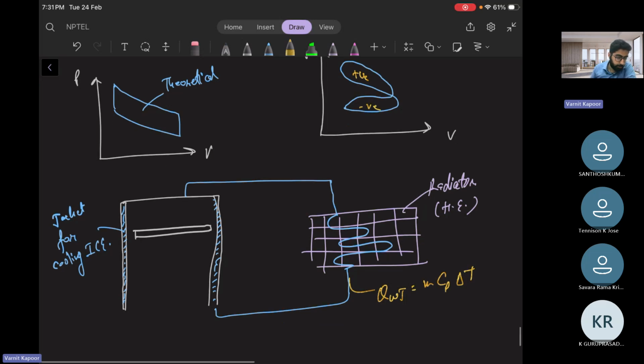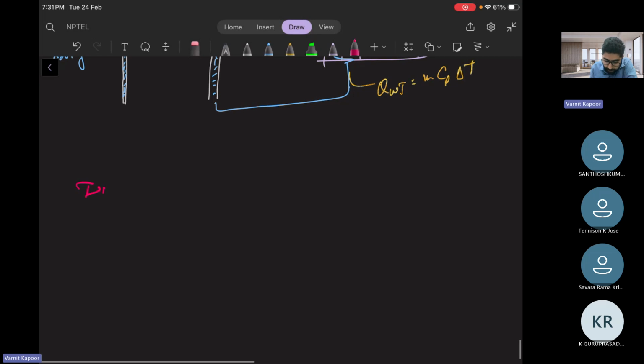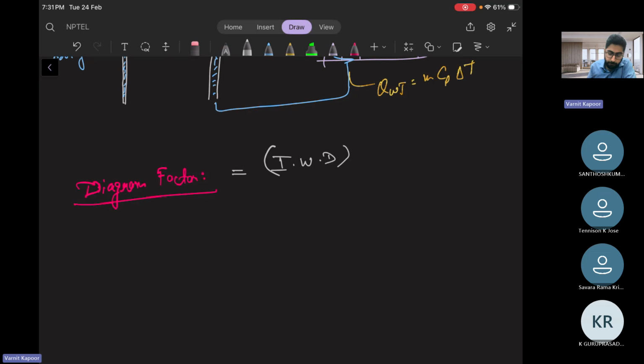Next point I want to add here is a term called the diagram factor, which is asked sometimes. Because there are two diagrams, actual diagram and theoretical diagram, it is nothing but the indicated work done of the actual diagram to the indicated work done of the theoretical diagram.